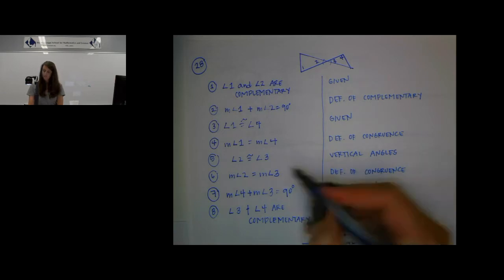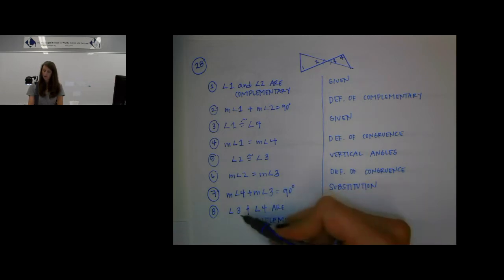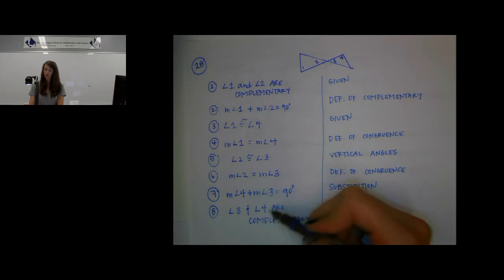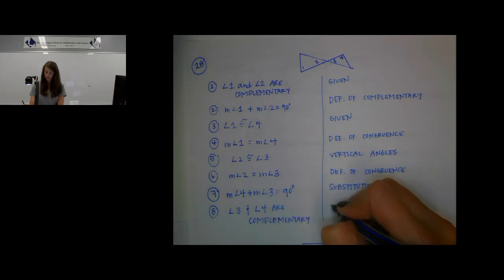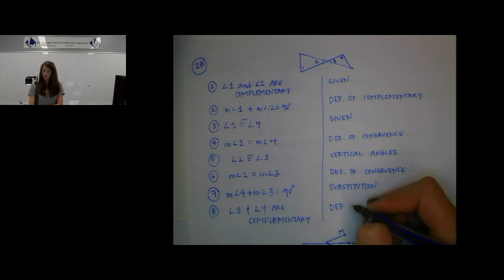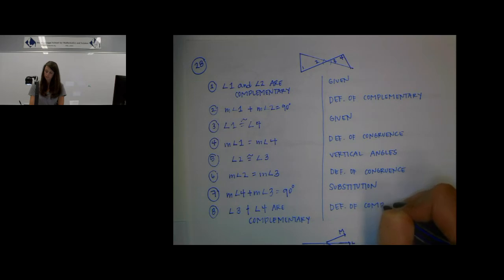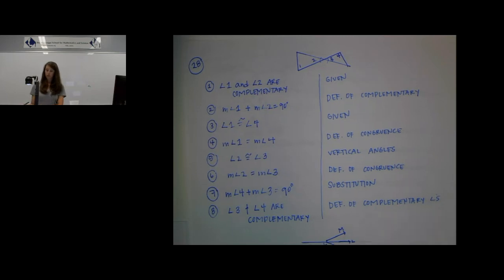Okay, so if they're equal to 90 degrees, so that means that measure of angle 3 and measure of angle 4 are complementary. And that is the definition, because this is the definition of complementary. Okay. So far so good.